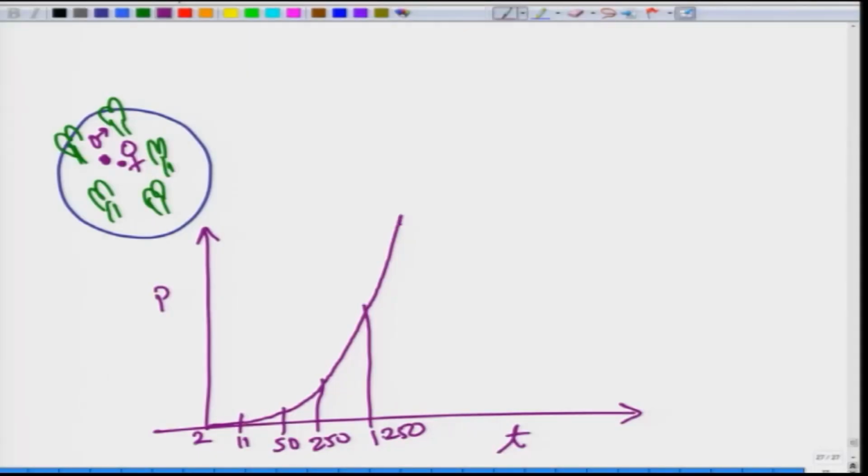Why? Because now these rats are not well fed, their young ones are not well fed. So probably a few are dying out of starvation. So in this case the population has started to reduce in its rate of growth.